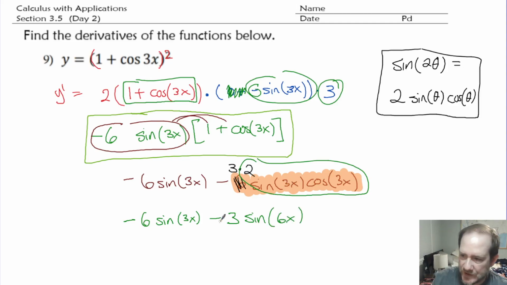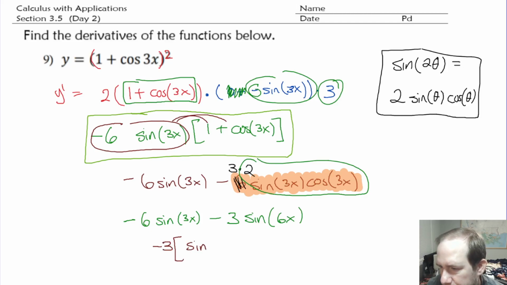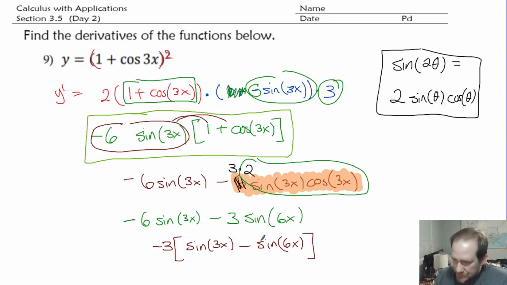And oh, by the way, I can factor the negative 3 out now to just have negative 3 as a coefficient on a sine of 3x minus the sine of 6x. And I don't think there's much more I can do from there because sine of something minus sine of something else, unless the 2 expressions have the same thing in parentheses, you really can't simplify them.